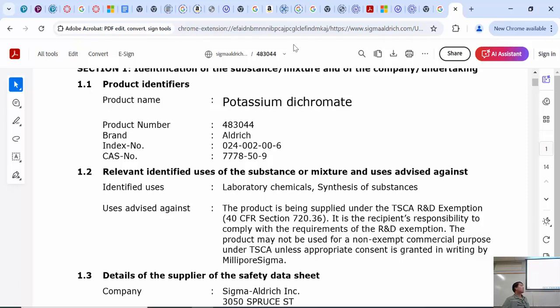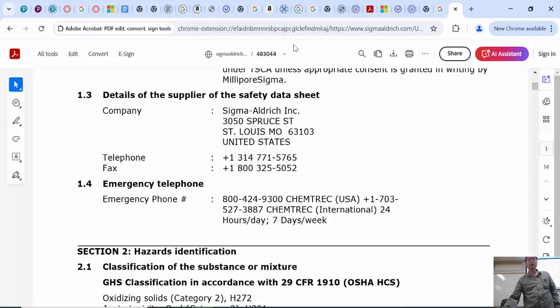So we're going to be using potassium dichromate. Uses: laboratory chemical, synthesis of substances. The company has a 24-hour emergency line.